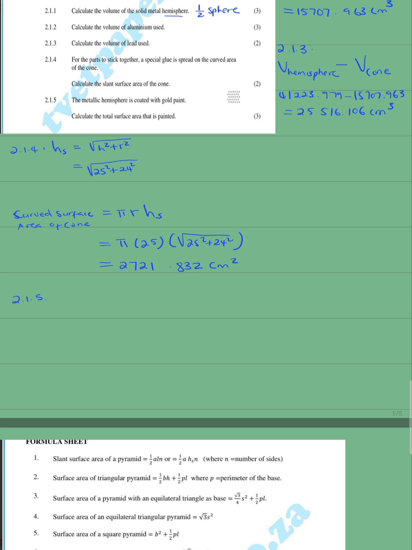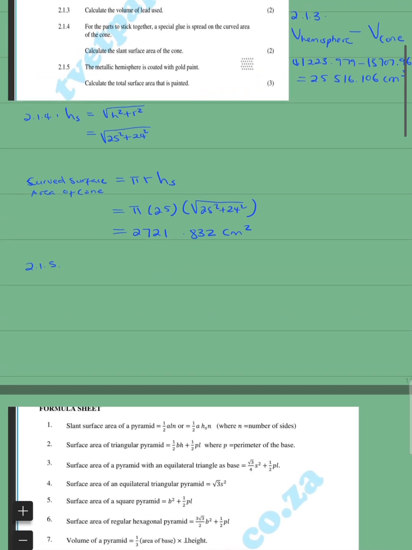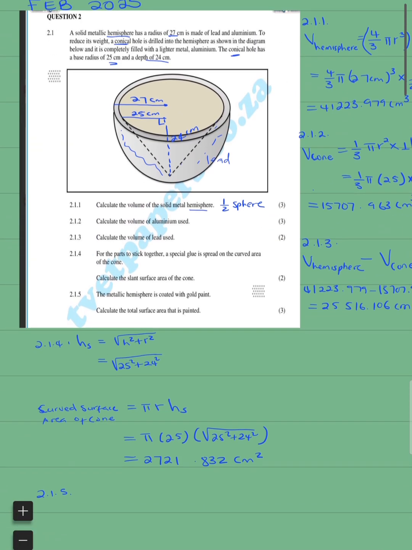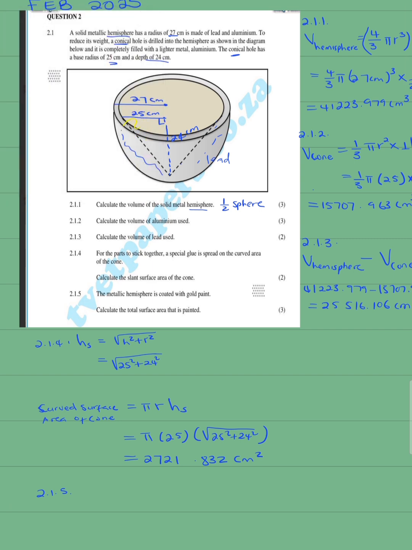So we're just looking for the surface area of a hemisphere. I want to explain it clearly. Let me choose a different color pen. So this is what's painted. This whole thing is painted, even the top.